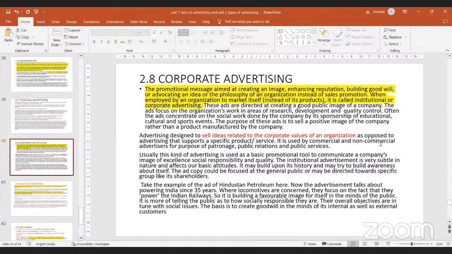They go for corporate advertising. It is done by the organization to influence internal and also external stakeholders of the organization.